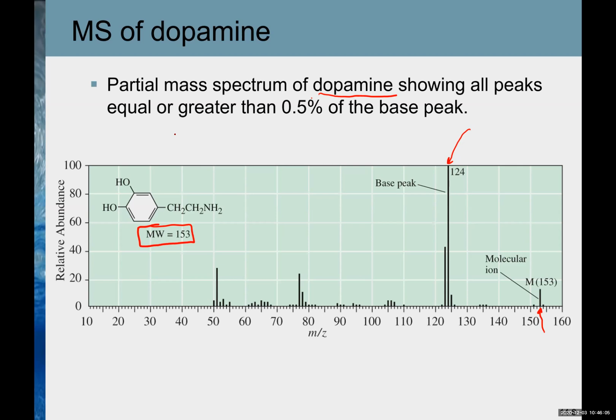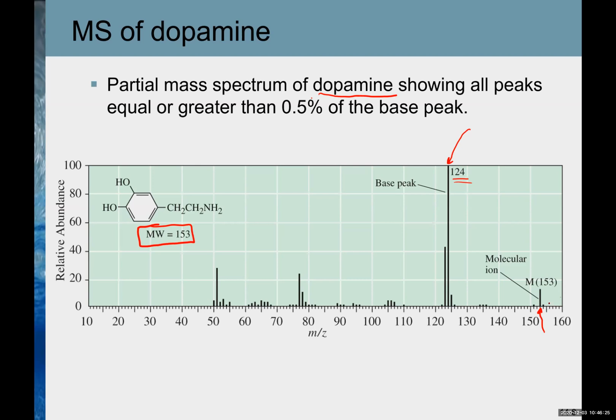So most of the molecules, because we don't inject one molecule, we inject a bunch of molecules in our sample, broke up into a fragment whose weight was 124. What it was, we'll see a little while later.